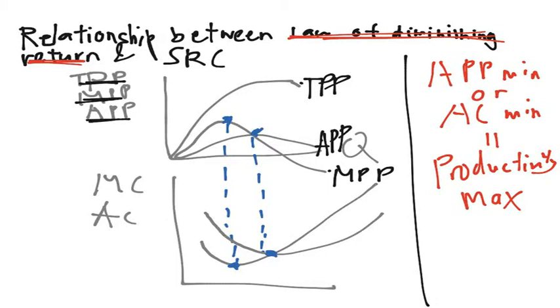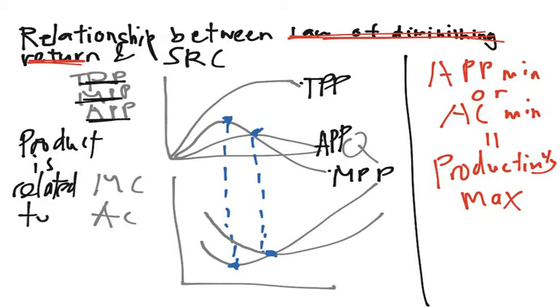Okay. Now, how it relates back here is that, first of all, product is related to cost. Why? Because the cost is directly derived from the product. That is why there's a relationship between these two items.